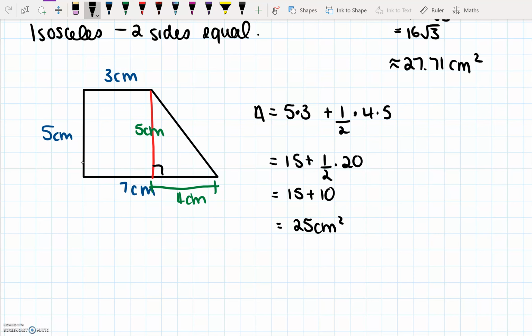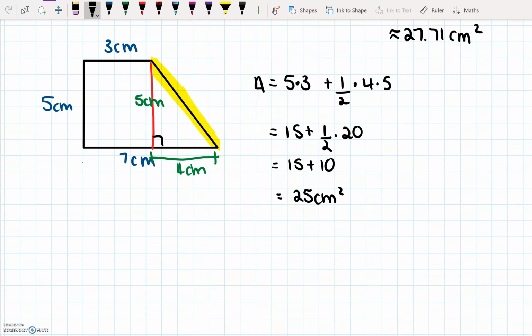But if I asked you to find the perimeter, remember the perimeter means the distance around the shape, then that means we actually need to know this length here. We know all the other lengths, we just don't know that one. We can calculate this using Pythagoras. We'll call that C. We know that A squared plus B squared is equal to C squared.